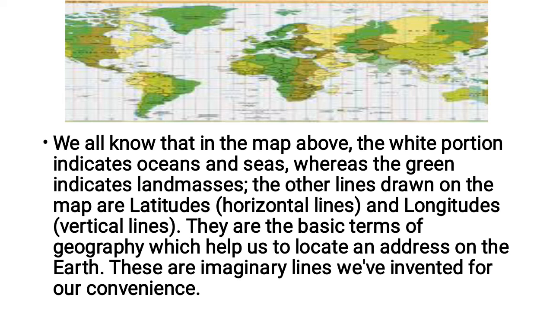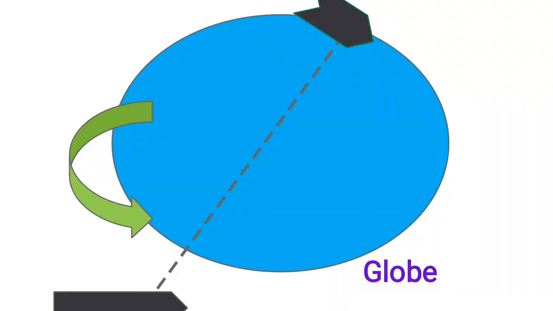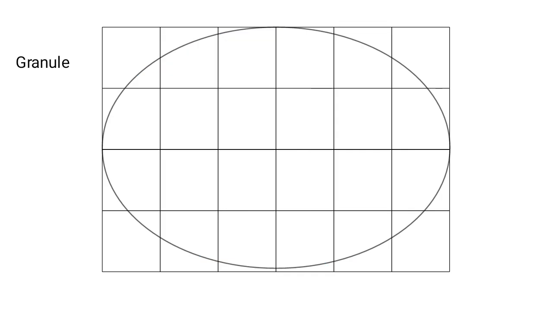They are basic terms of geography which help us to locate an address on the earth. These are not exact lines, so don't try to find them. These are imaginary lines we have invented for our convenience. You can see a model of the globe here, and that is what you can see, the graticule.